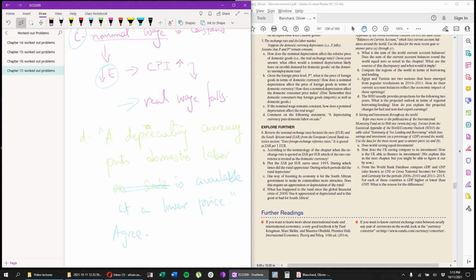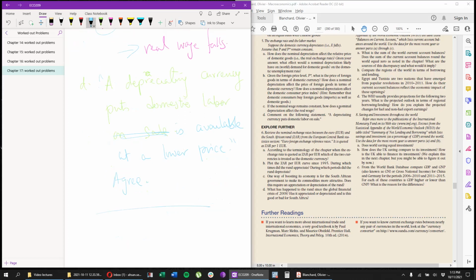Because of this nominal depreciation, since real wage has fallen, in real terms, workers in Bangladesh are cheaper. So that guy might decide I should set up my factory in Bangladesh. That's just one consequence. There are many different ways in which this may play out, and I'll request you guys to spend some time thinking about the consequences of these things.